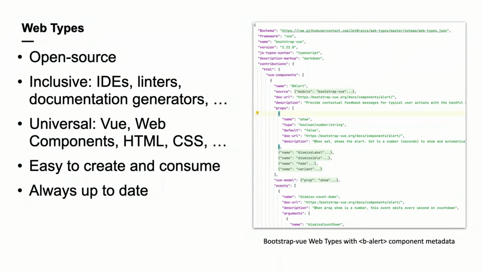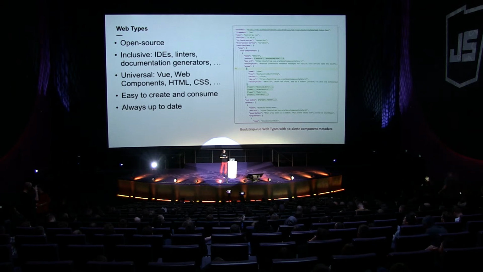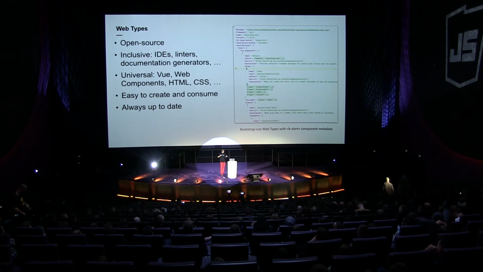Or you can create documentation in a JSON format and then nicely create a portal from the JSON documentation. Those were our goals when developing the format, and that it would be universal, so you can document Vue, web components, and any other stuff.